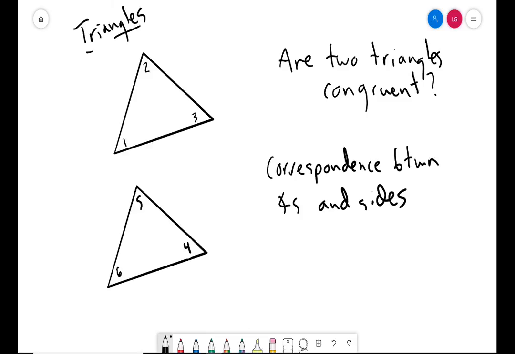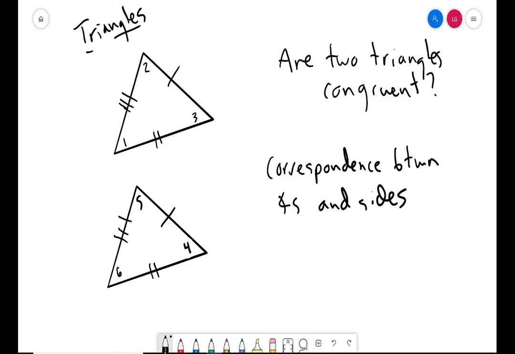And it turns out there's quite a few ways to shortcut this. But at the heart, we need to prove that angle 1 is equal to some angle from this other triangle, 6, 5, or 4.